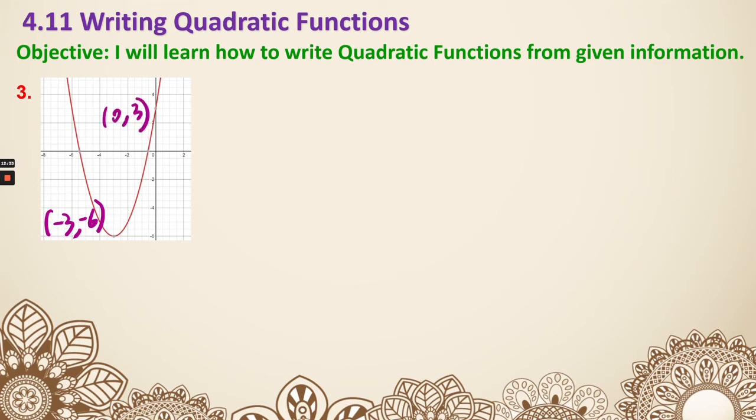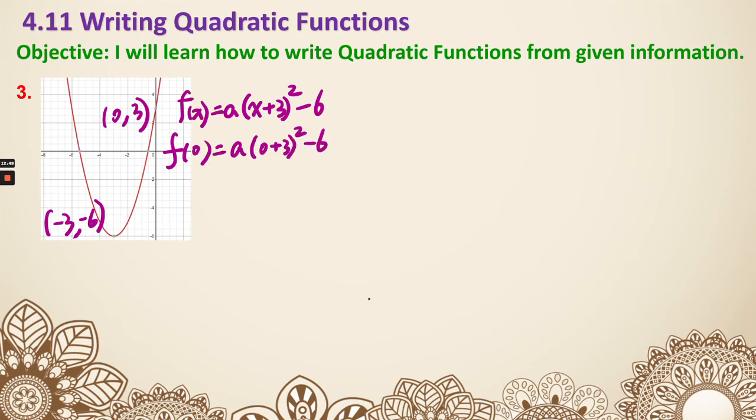So in this case, I'm going to use my vertex form: f of x equals a times (x plus 3) squared, then minus 6 on the end. I'm going to plug in my 0, so f of 0 is a times (0 plus 3) squared minus 6, which is a times 3 squared minus 6, which is 9a minus 6, which is 3. That means I have 9a equals 9, and after solving, a is 1.